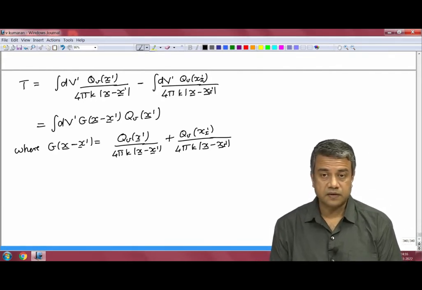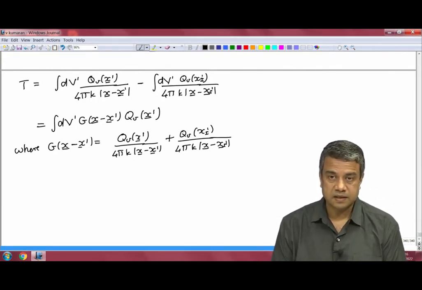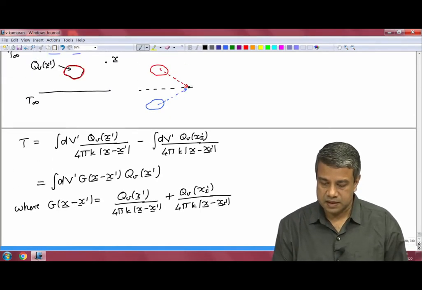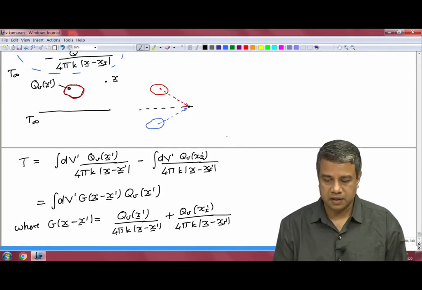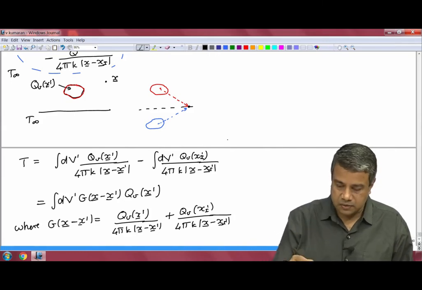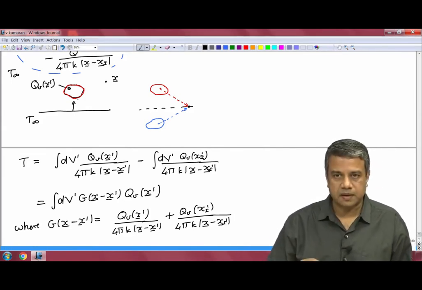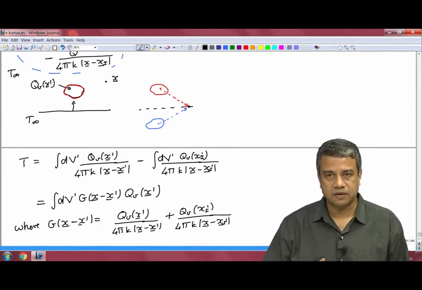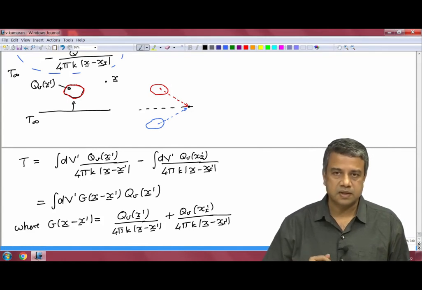So, this is the Green's function for a plane surface where x_I prime and x prime are related. The z coordinate of x_I prime is the negative of the z coordinate of x prime. X and y coordinates are the same.